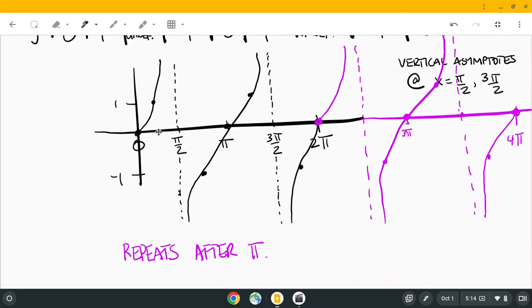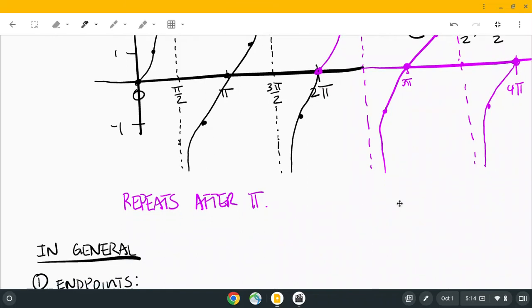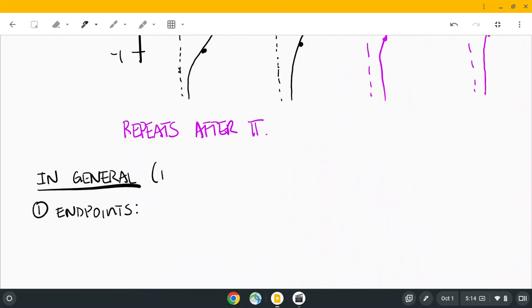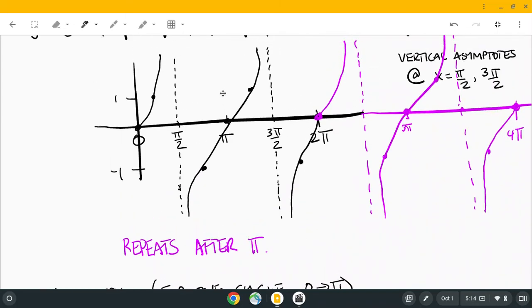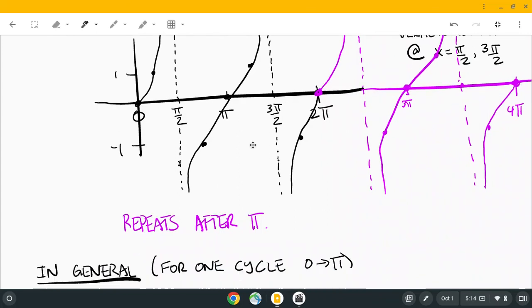If we just do one cycle, not two, one cycle, 0 to pi, I see that from 0 to pi, I get 0 on the endpoints.